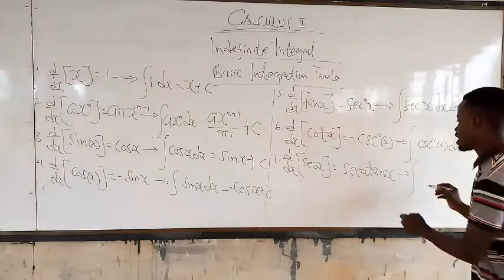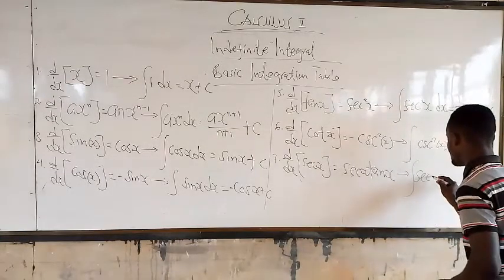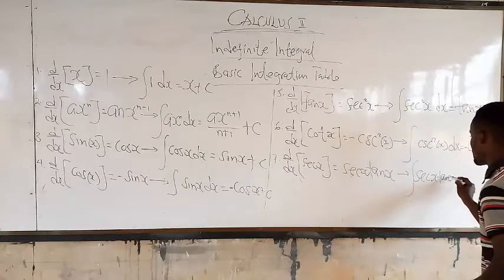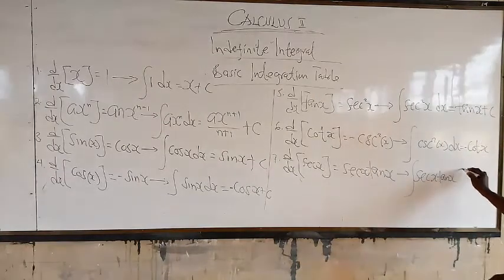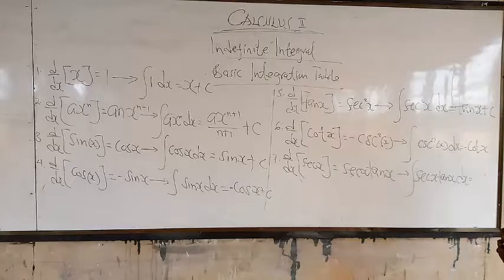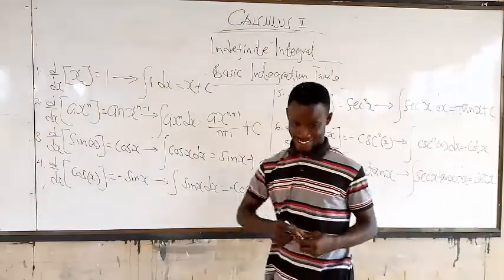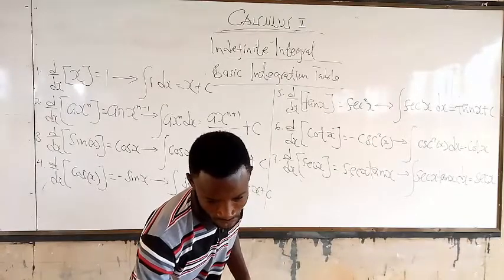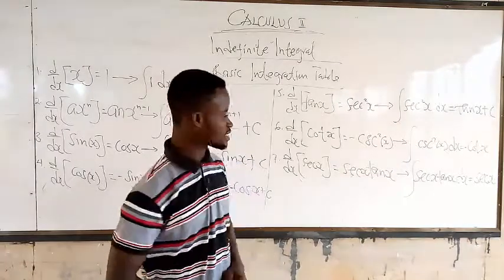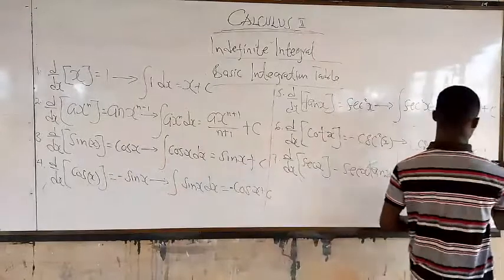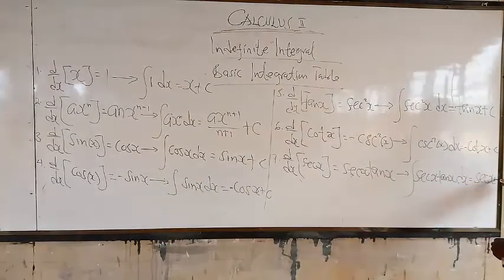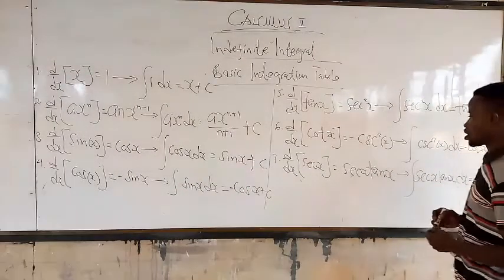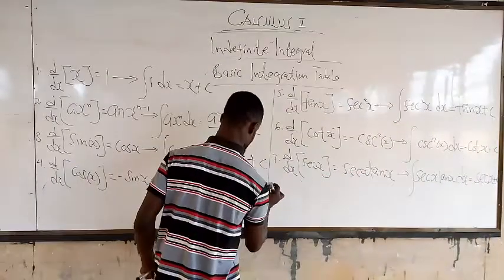That means that when you integrate sec x tan x with respect to x, you get exactly sec x. Alright, and that is sec x plus c. Alright. 8.